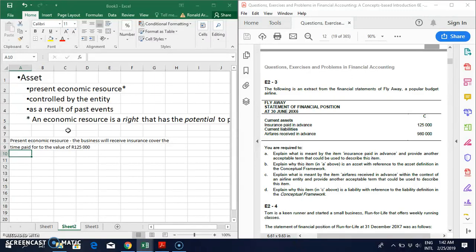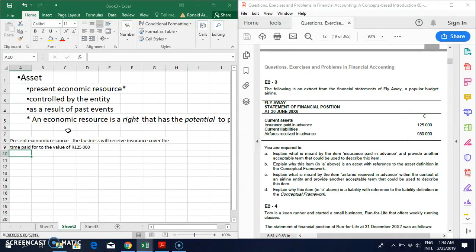Controlled by the entity. When you look at control, you're looking at risks and rewards. By risks and rewards, we refer to what benefit you receive and what risk you're taking, and we're looking at the transaction in its entirety.